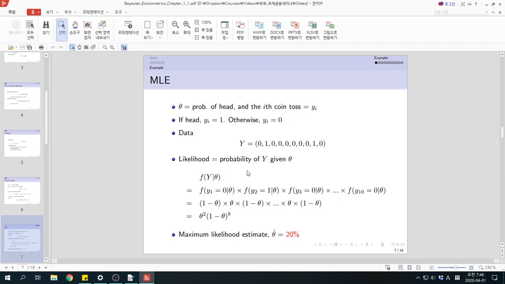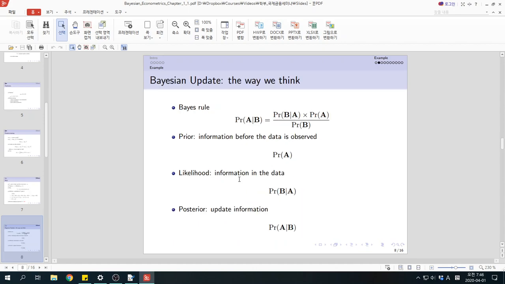Now I'm going to explain how to estimate theta using the Bayesian approach. To do this, we need to recall the Bayes rule first. The Bayes rule is actually how we think at every moment.